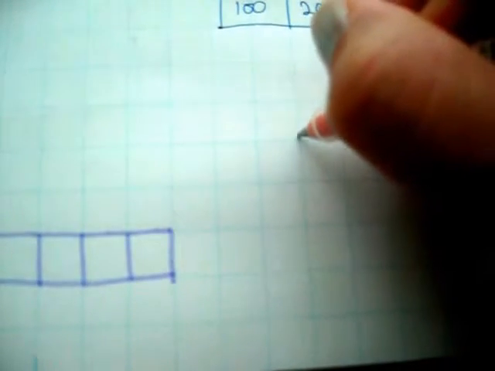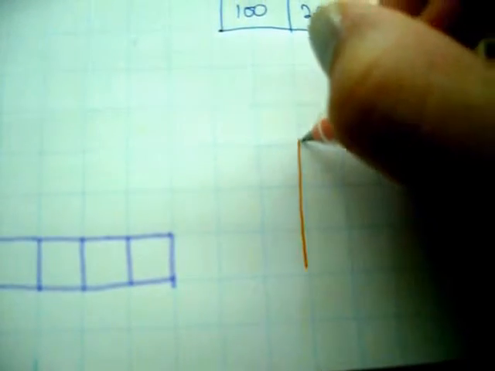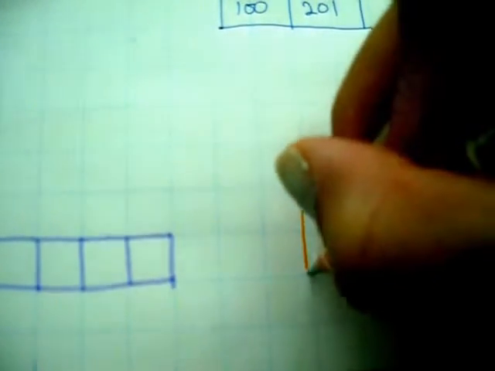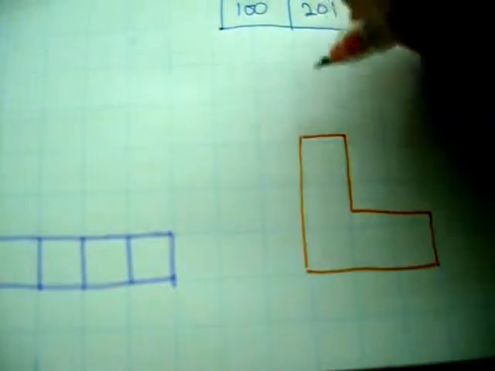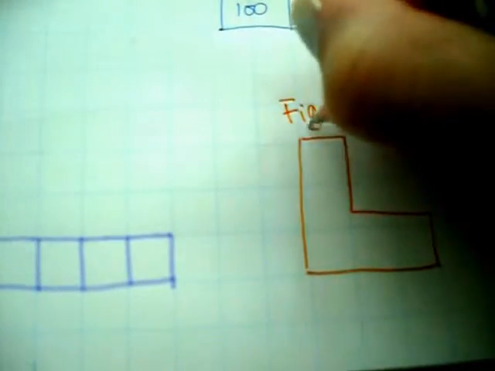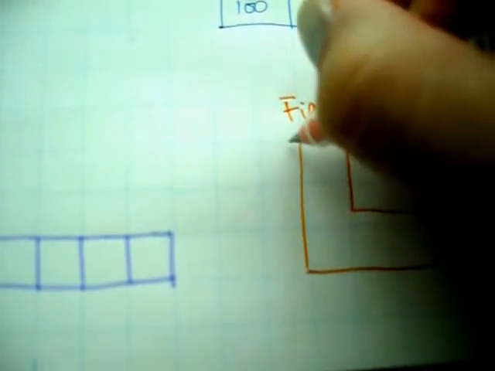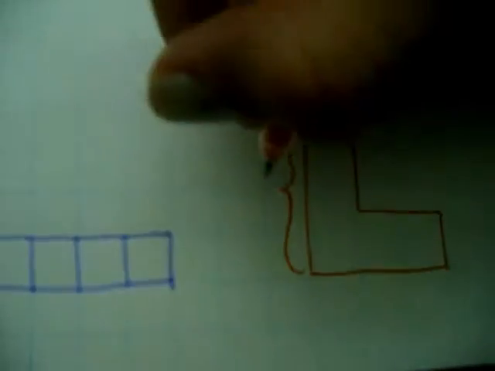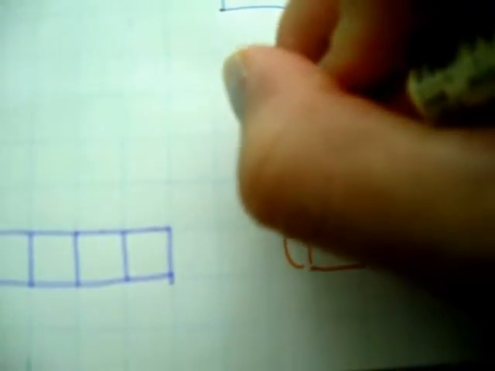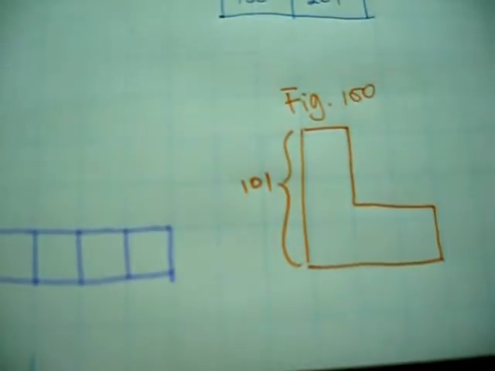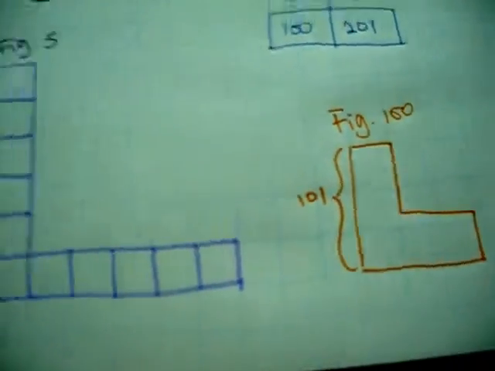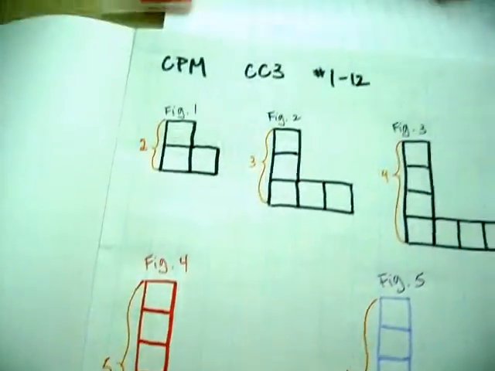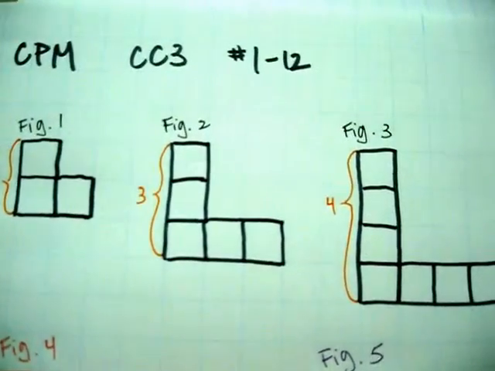This is not to scale, this shape. A regular old L shape, and this time I'm not going to delineate the boxes. In figure 100, I am going to guess that along the vertical part of the L shape, there's going to be 101 boxes because of the pattern that we saw previously. There's 1 more than the actual figure number.